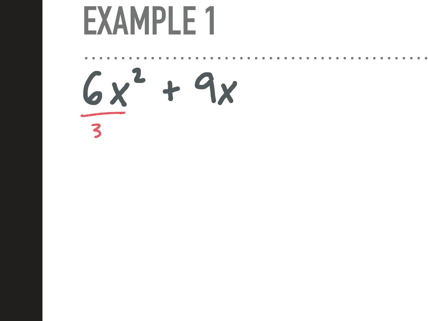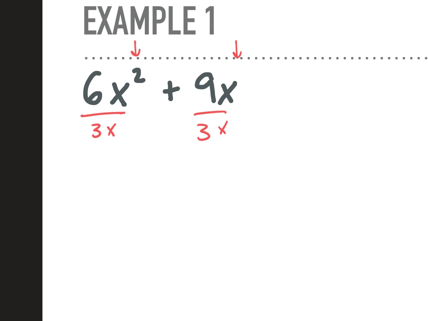So I can divide both of these by 3. And then what's my least amount of variables? If I have 2 x's in the first one, and I have 1 x here, what's my least amount of x's that both of these have? 1. So I'm going to take out a 3 and an x.